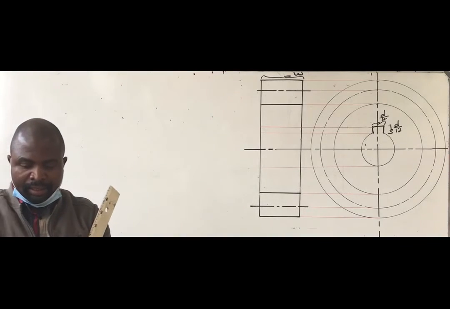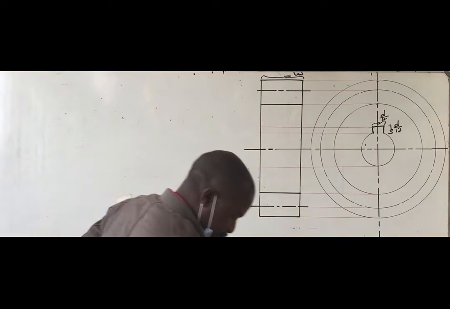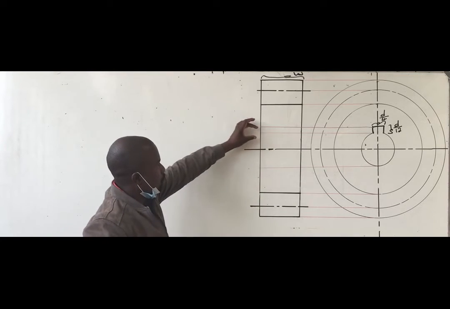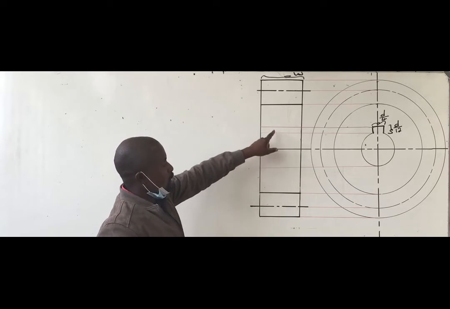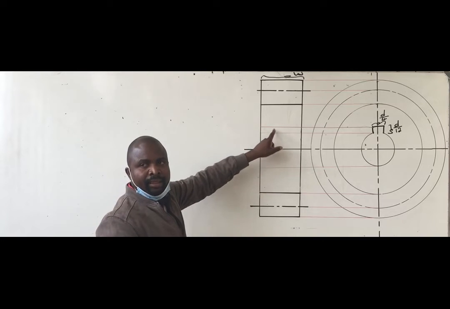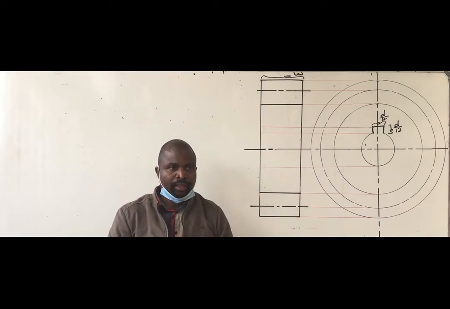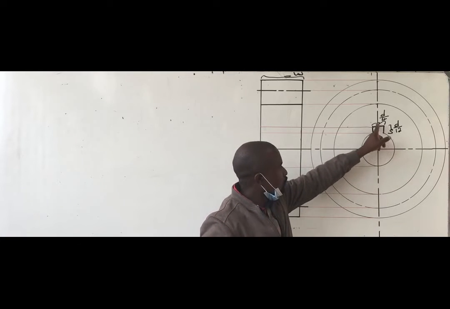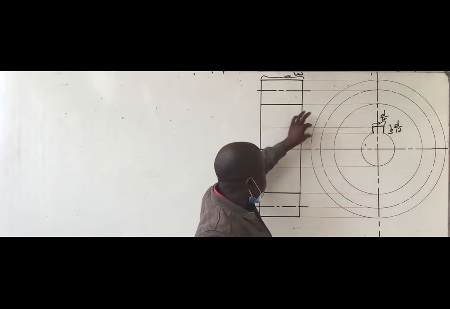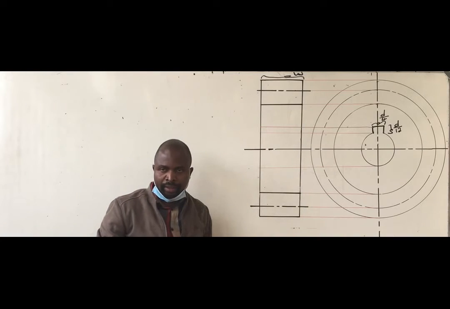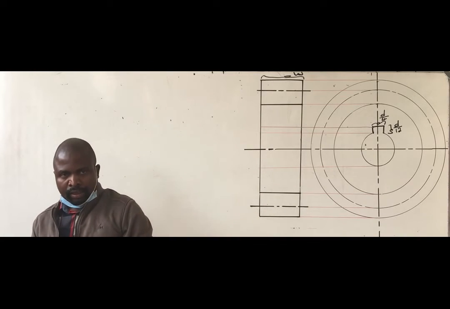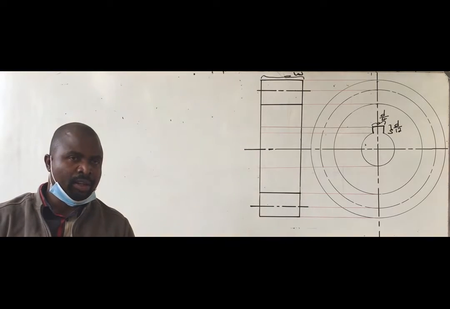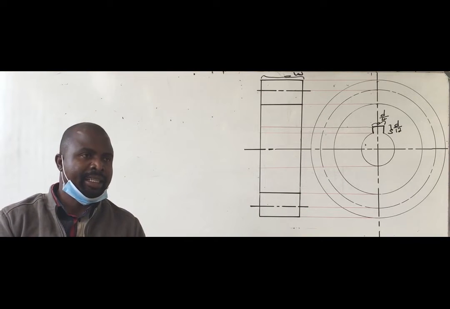You can see on our front view, our hole is still drawn in red line. This was only on the hole together with its keyway. This one, either you draw them solid line or dash line. Dash line is a hidden detail.